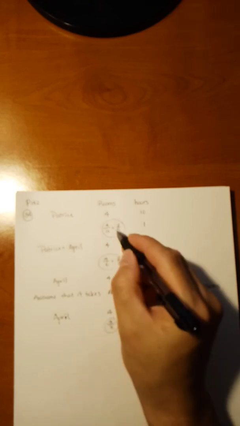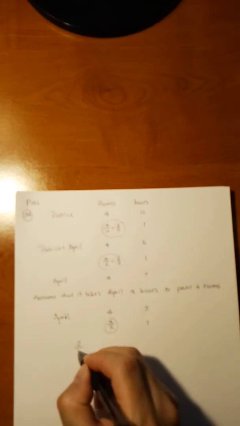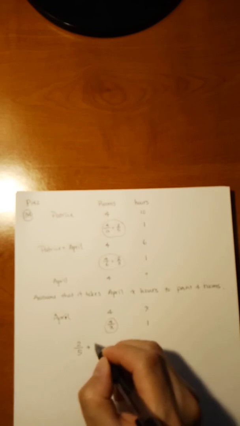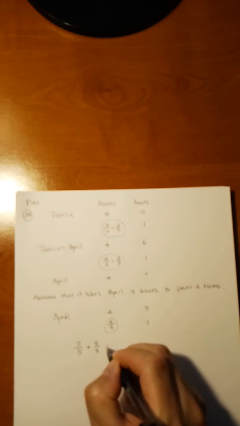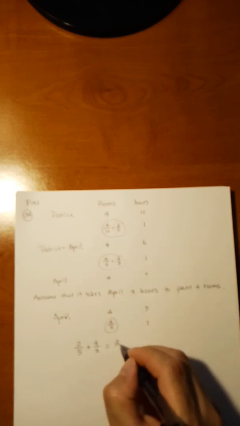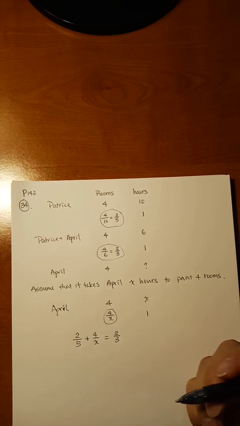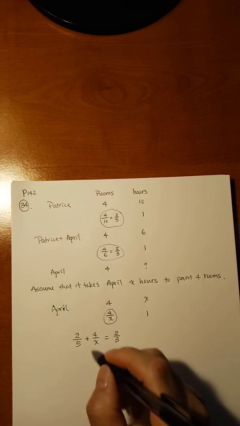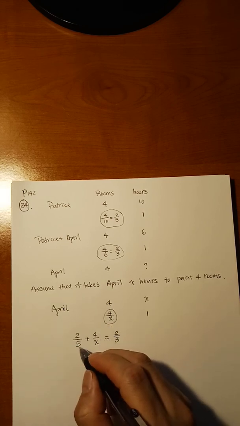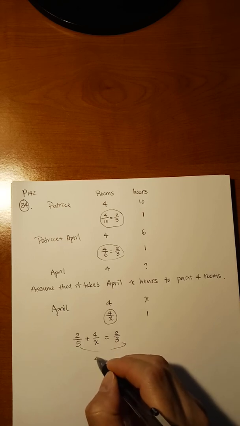So you get Patricia plus April in 1 hour. Together, it is equal to 2 over 3. Okay? So this is the relation, the equation. All right? So for this equation, let's try to solve it. We move this 2 over 5 to the right-hand side.